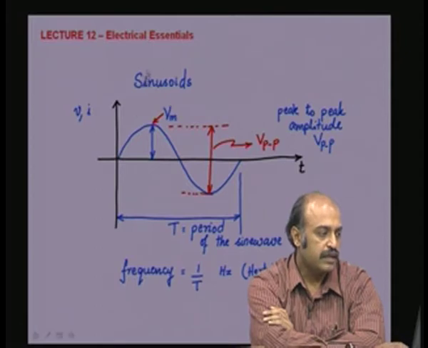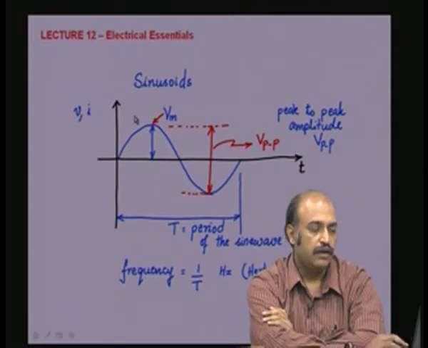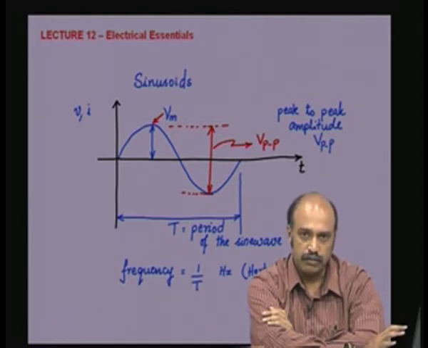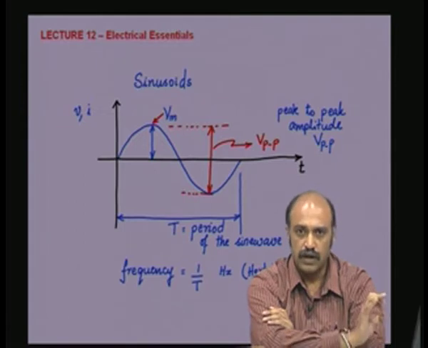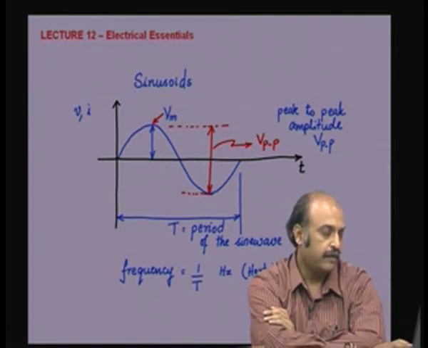A good understanding of the sinusoidal wave shape, its various parameters and definitions, what is the peak to peak, what is the RMS, what is an average, all those things should be properly understood, and the sinusoid will be defined.